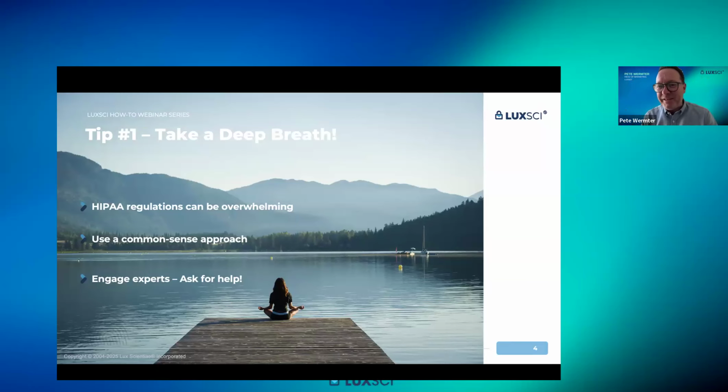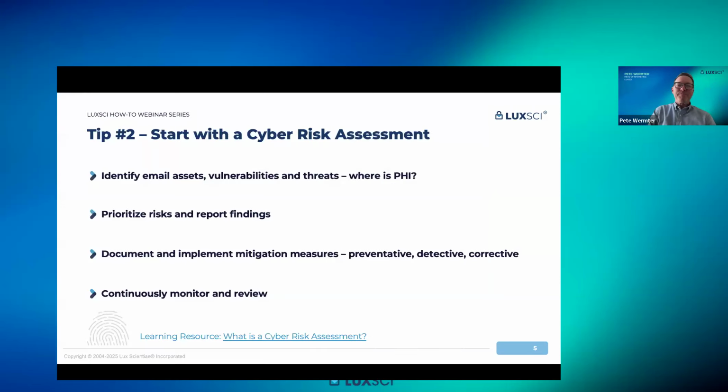Common sense typically prevails in most cases. And of course, it's why we're here, but never be afraid to engage experts and ask for help. We still do that as we navigate the HIPAA compliance journey. So that's tip number one. Take a deep breath. Now I'm going to hand it over to Peter, and he'll take it away with tip number two.